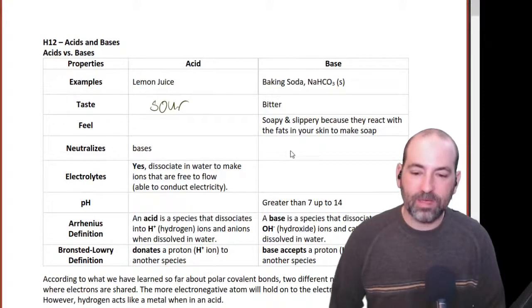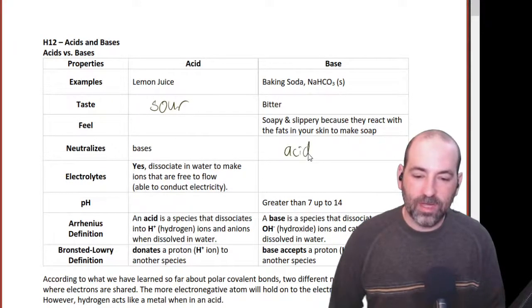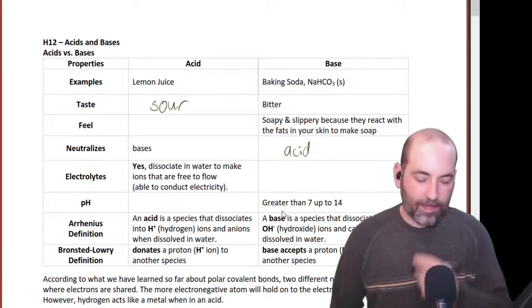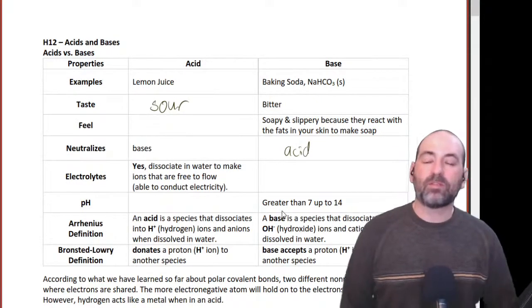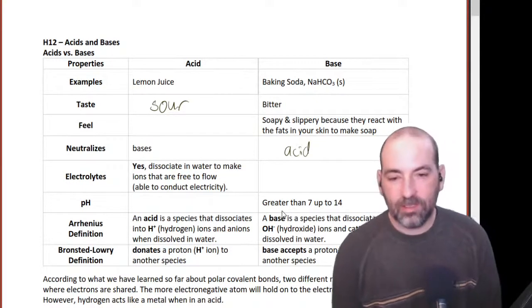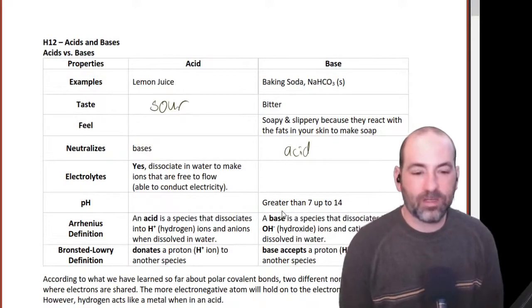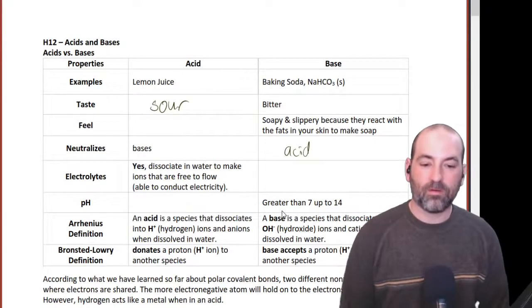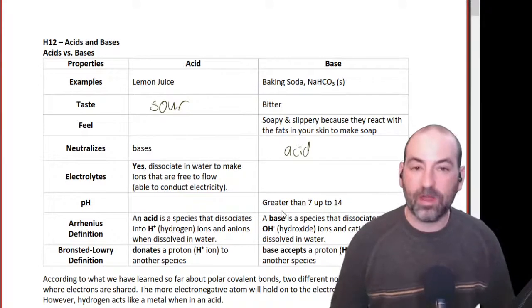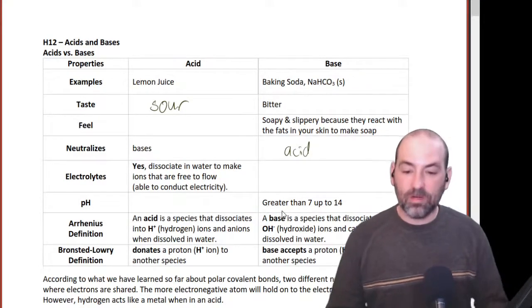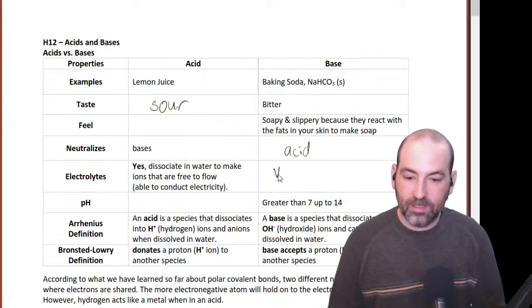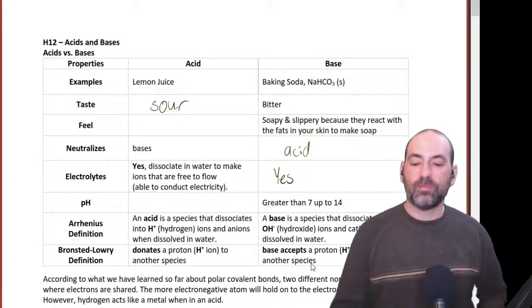And then acids and bases do this thing where they neutralize each other. We're going to talk about what that means. Last time when we looked at solutions, we talked about electrolytes, and we said that in general, electrolytes were ionic compounds, or that was the most obvious, but acids and bases can also be electrolytes, depending on the acids and bases.